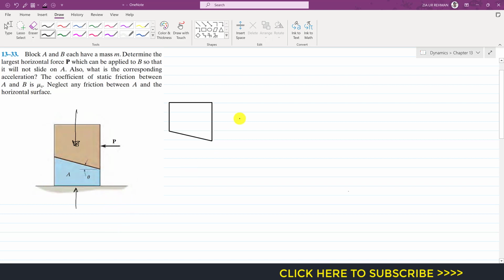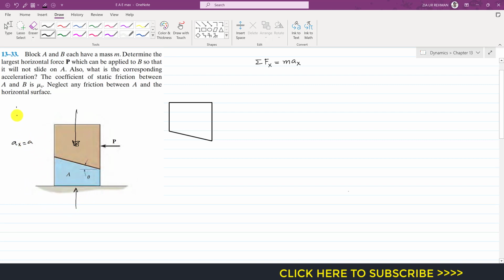So again, if we apply the equation of kinetics to both the blocks together, the summation of forces along x equals m a x, and both the blocks will have the same acceleration, let's say a x equals a.